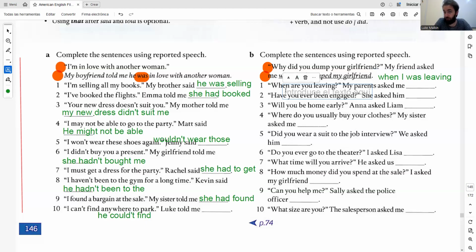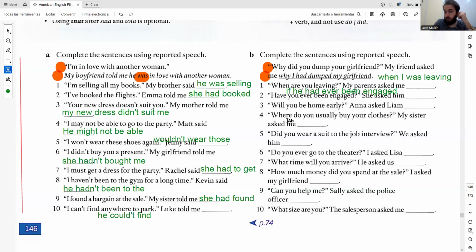So we need if. She asked him if he had ever been engaged. If, because a yes no question, and present perfect steps back to past perfect.